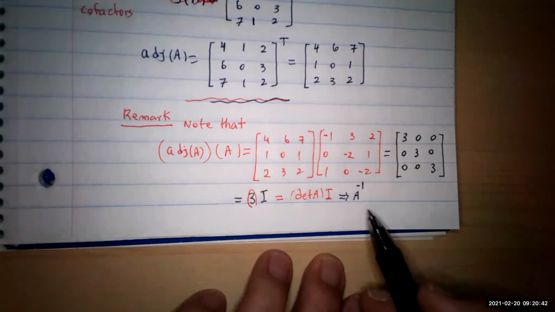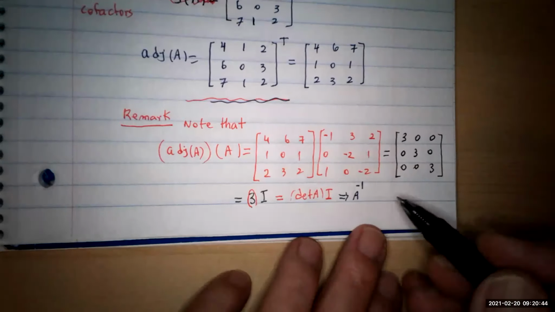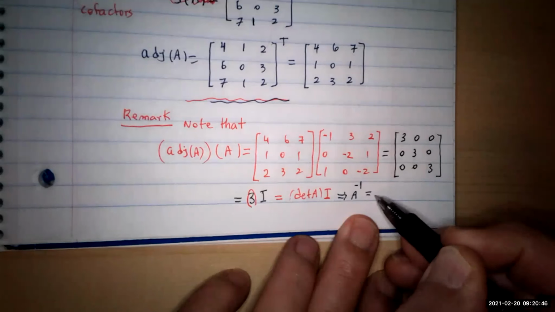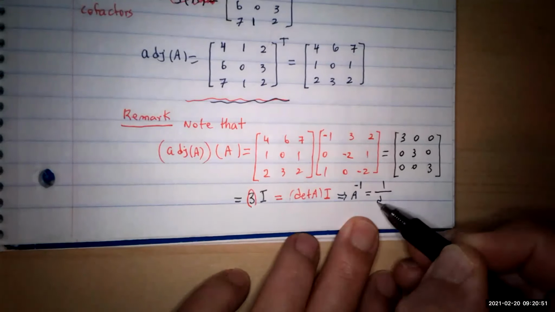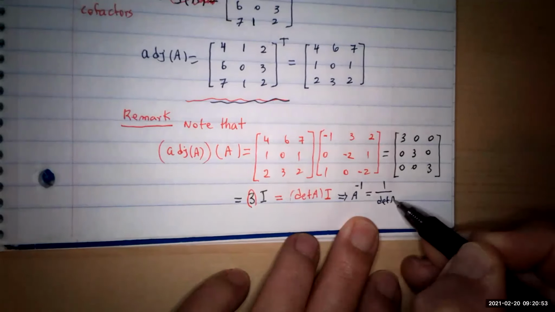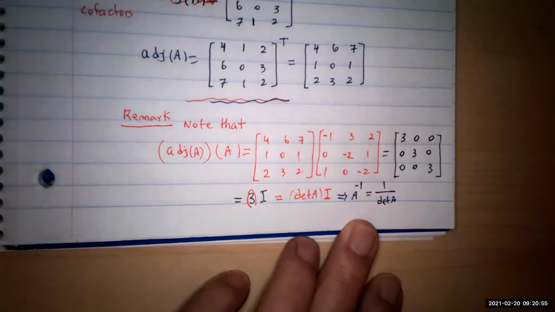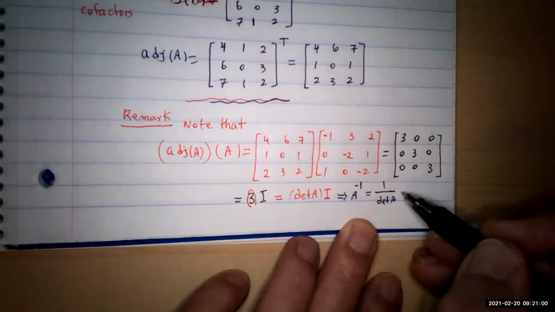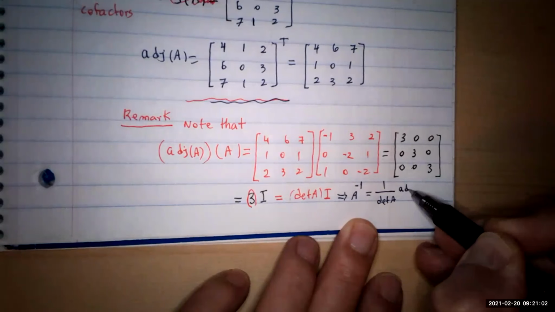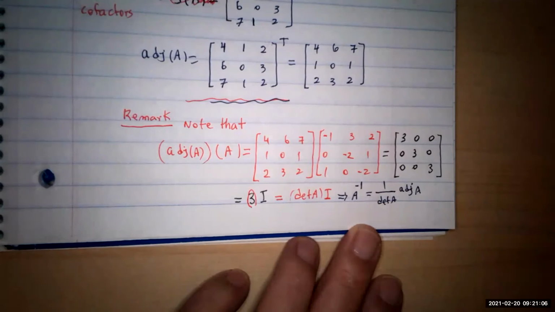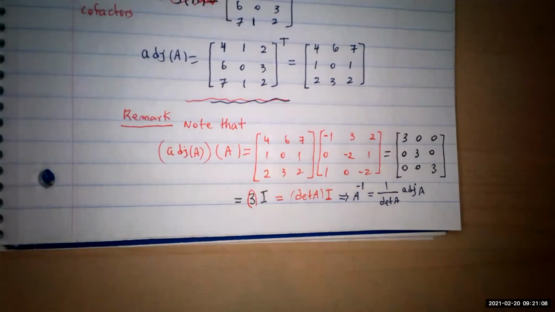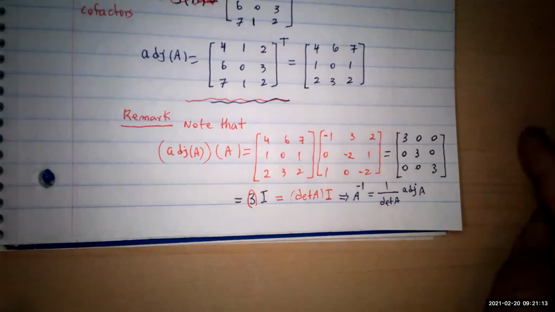In this case, the inverse of A is going to be a quotient: 1 over the determinant of A, in this case 1/3, times the adjoint of A. For this problem, we can easily find the inverse of a matrix, and we are going to do it officially in a minute.